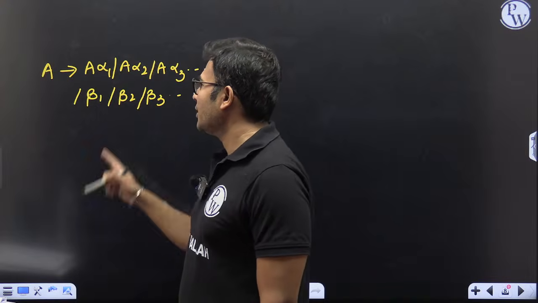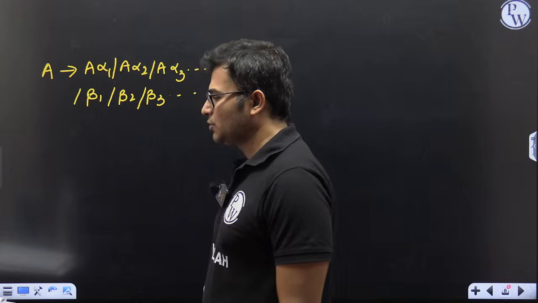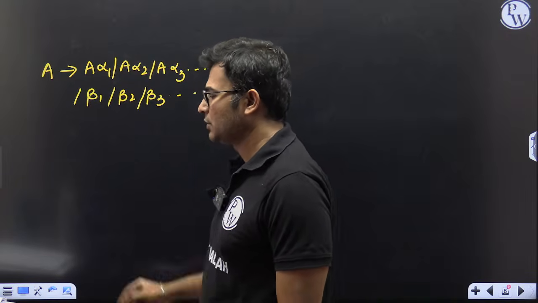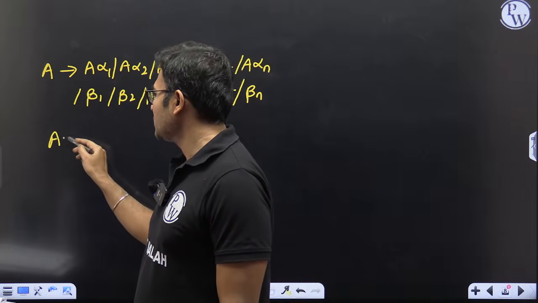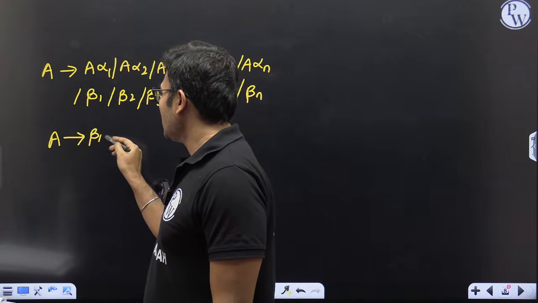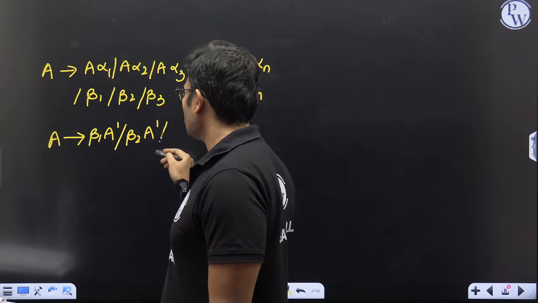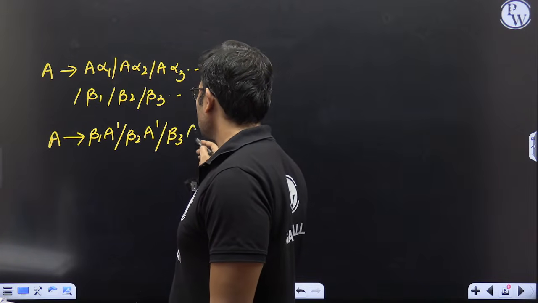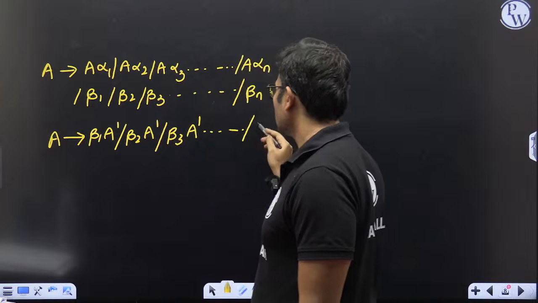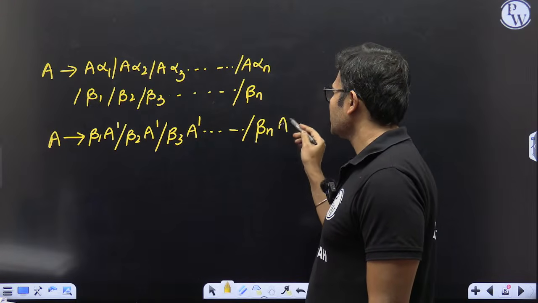Now, how can you convert this left recursive grammar into a right recursive grammar? So, we are going to write A derives beta 1 A dash or beta 2 A dash or beta 3 A dash, so on, beta n A dash.